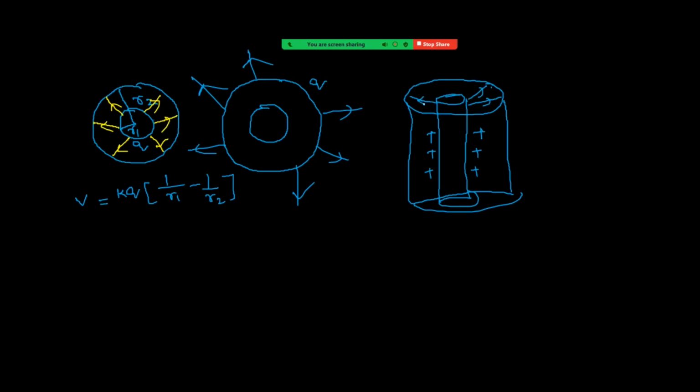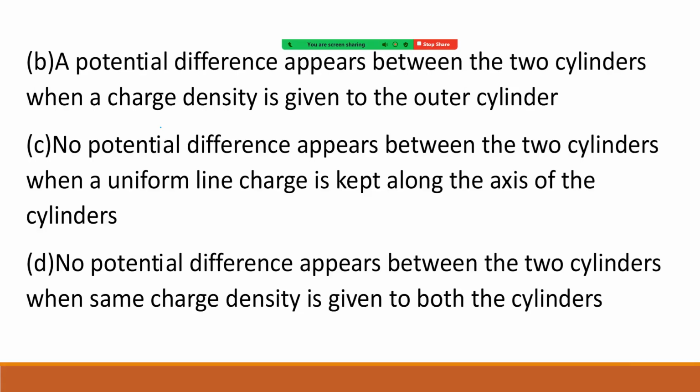Because of that field, there will be potential difference. So exactly same logic, only change is now shape. If a charge is there on inner one, there will be electric field. When electric field is there, there will be potential difference. So directly we can conclude the answer, right?